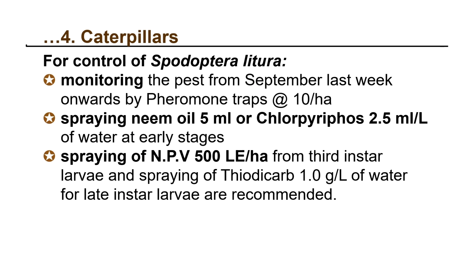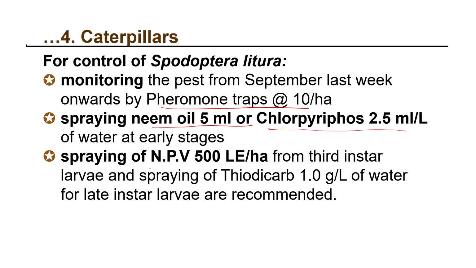For control of Spodoptera litura, monitor the pest from the last week of September onward with pheromone traps. Monitoring is necessary for this litura. Spray neem oil 5 ml or chlorpyrifos 2.5 ml per liter of water at early stages.